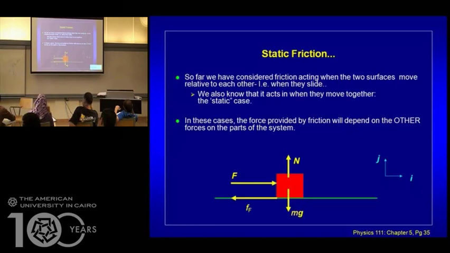To write Newton's second law, I have to resolve mg into two components: mg cosine theta and mg sine theta, and that angle is theta. So along the x-axis, the sum of the forces will equal mass times the acceleration.